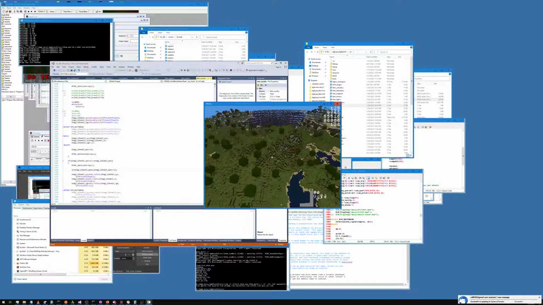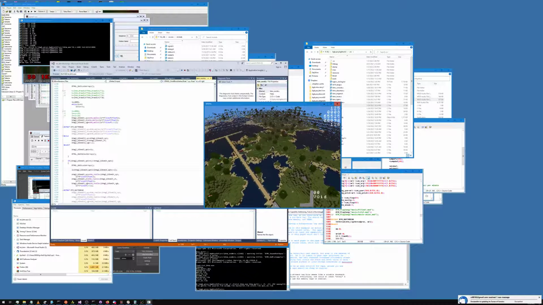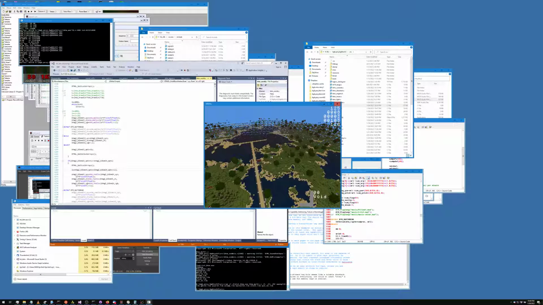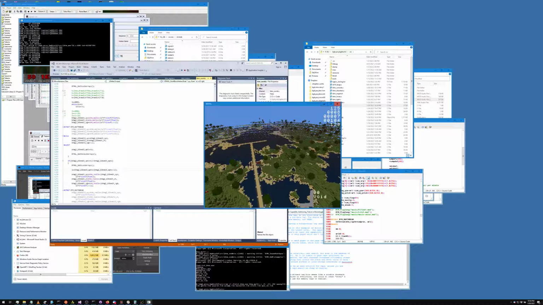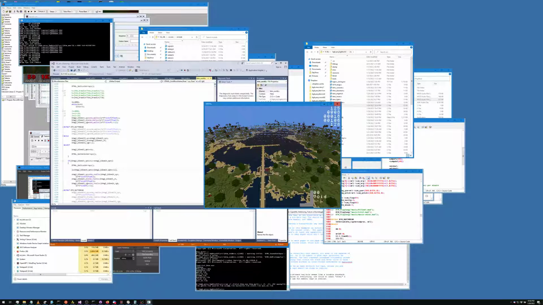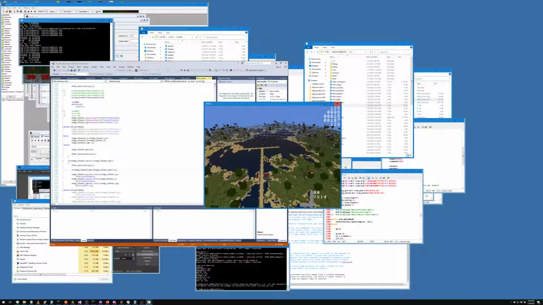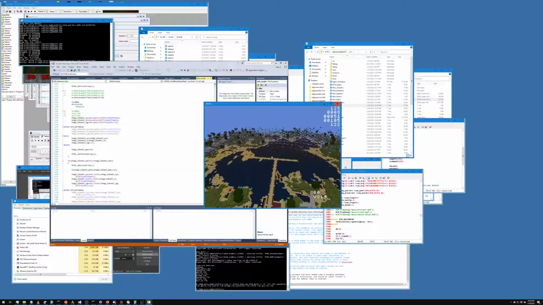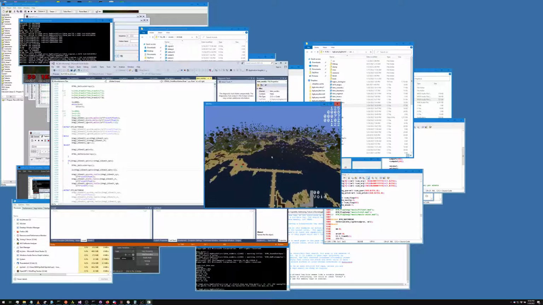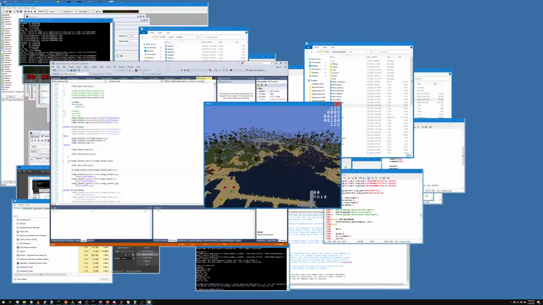Actually, I recognize that pattern there. Yeah, it looks like it's generating an artifact that happens when it hits the limit for the total number of blocks it can put into the array.